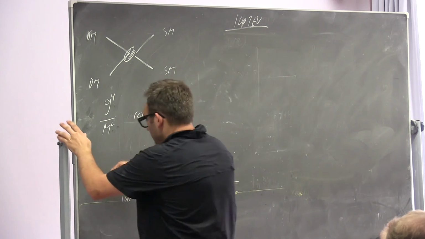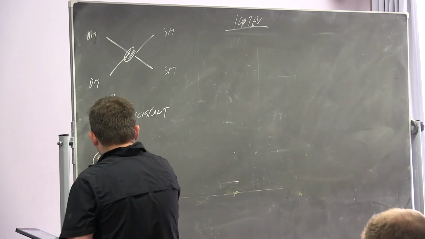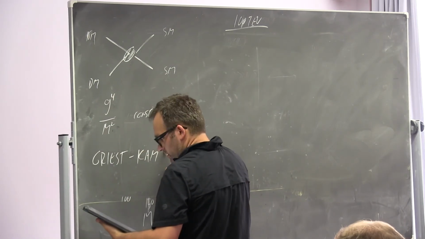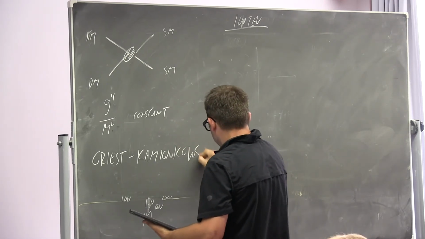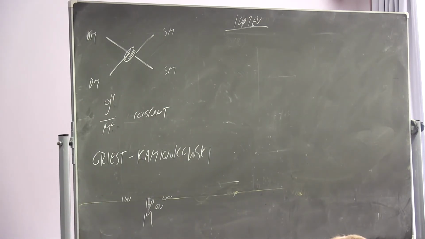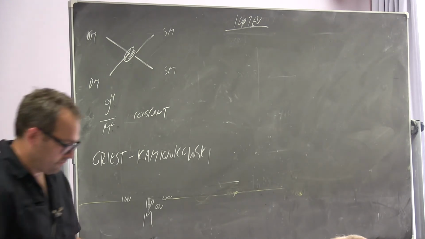So that is what is known as the, if I can spell their names right, Griest-Kamionkowski unitarity bound. It's very simple in principle.